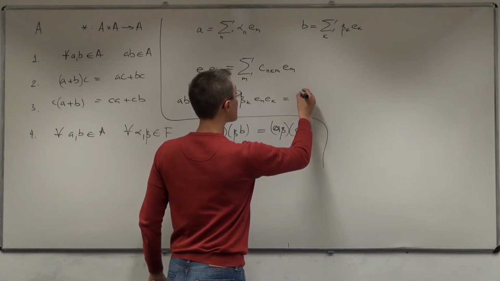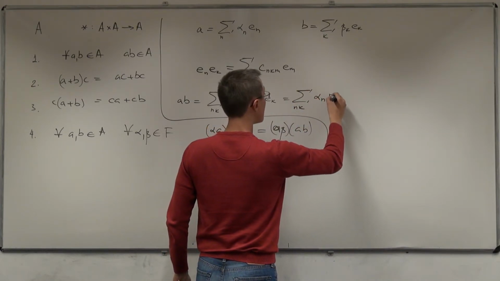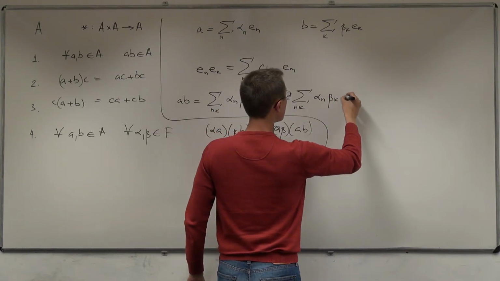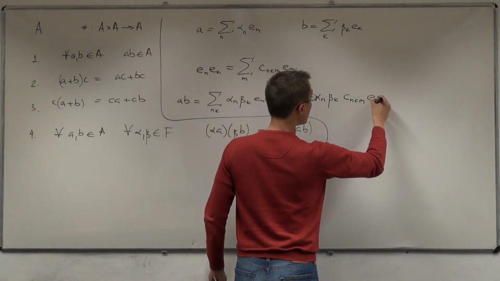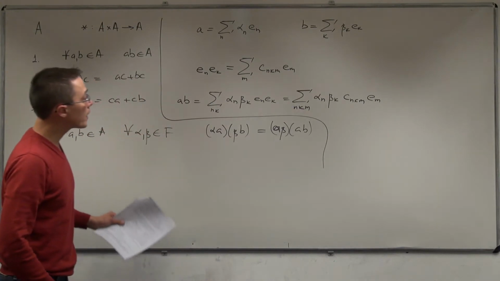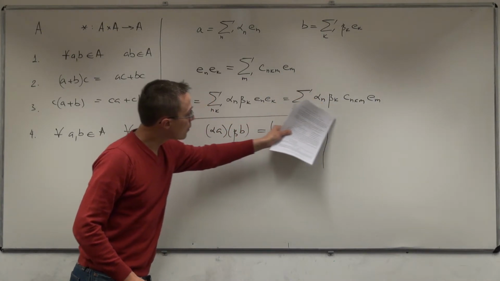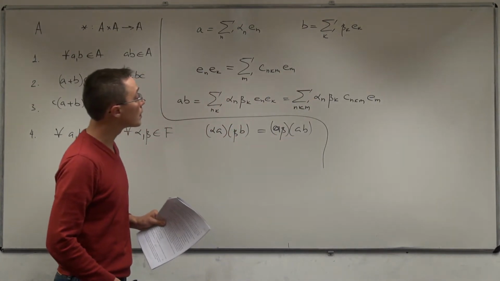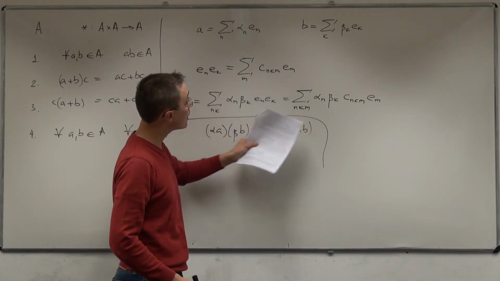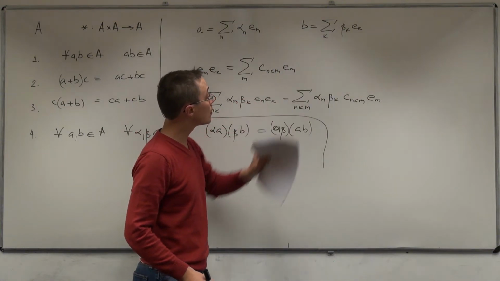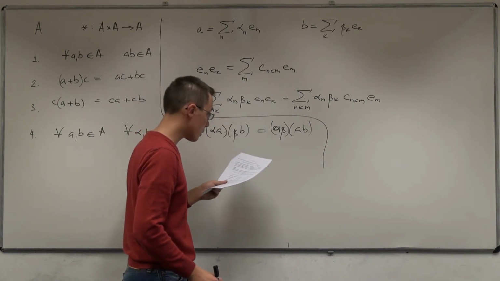So that is also a sum over n k, alpha n, beta k, C n k m, and we need to add a sum here over m, Em. And so you see the coefficient that appears in front of the m-th basis element here is completely determined by the expansion coefficients of A, expansion coefficients of B, and these coefficients that come from the expansion of the product.